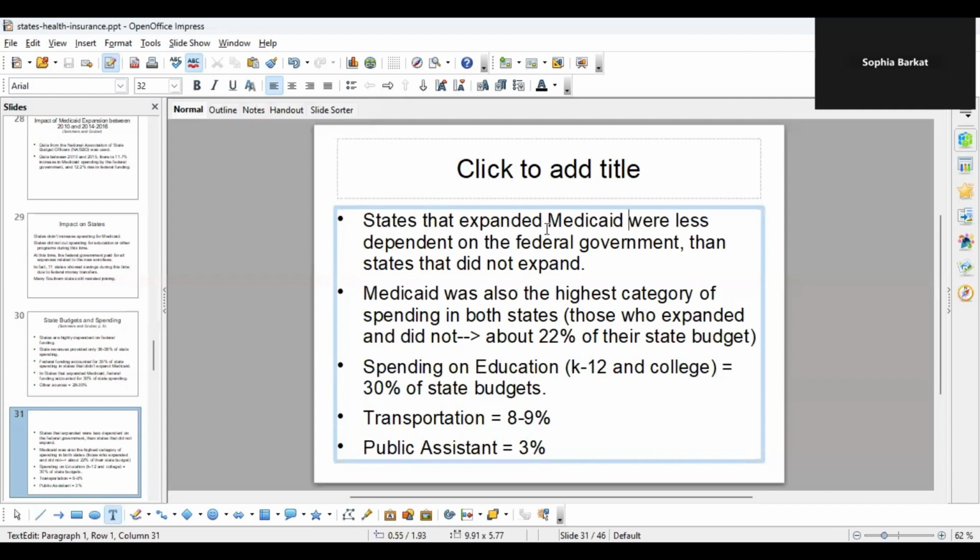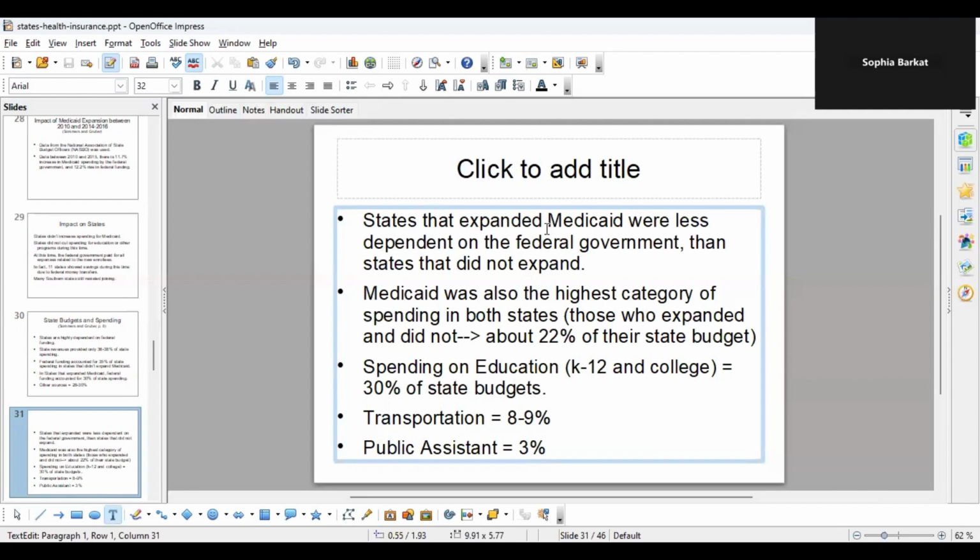Medicaid was also the highest category of spending in both types of states and accounted for 22% of their state budget. So states were already spending on something.